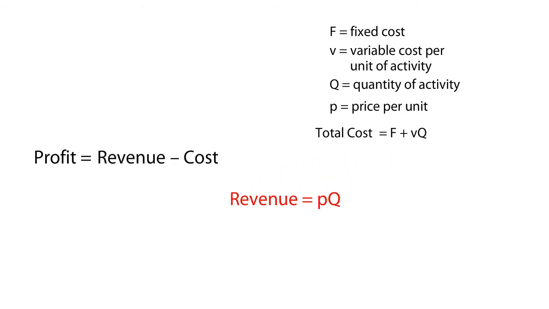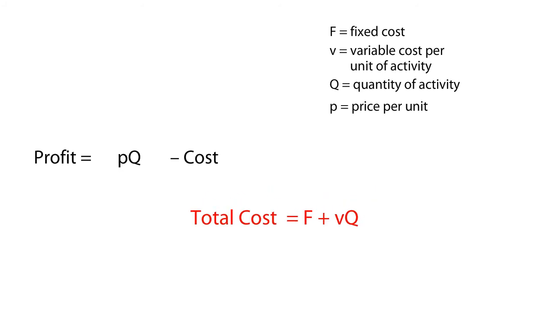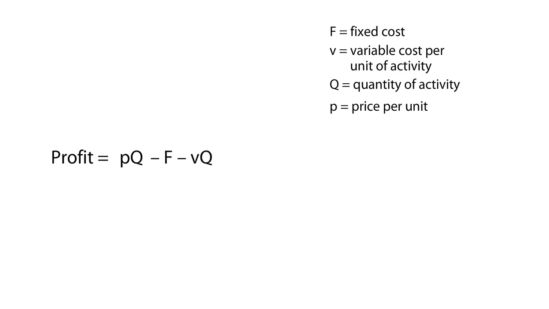Our revenue is P times Q, the price per unit times the units we sell. Our cost is F plus VQ, our fixed cost plus our variable cost per unit times the quantity that we're selling. Okay? So we can now simplify this a little bit and collect terms.